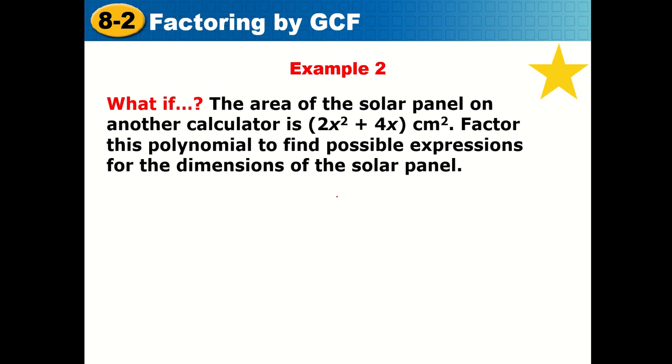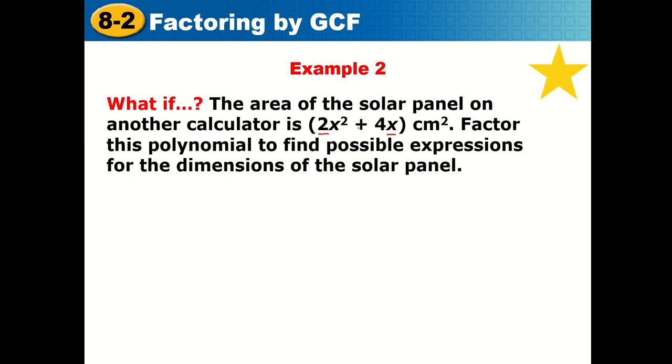Now it's your turn to pause the video and do this one. Hopefully you got this one done. Here we have a factor of 2 and x, because there's a 2 in 4.